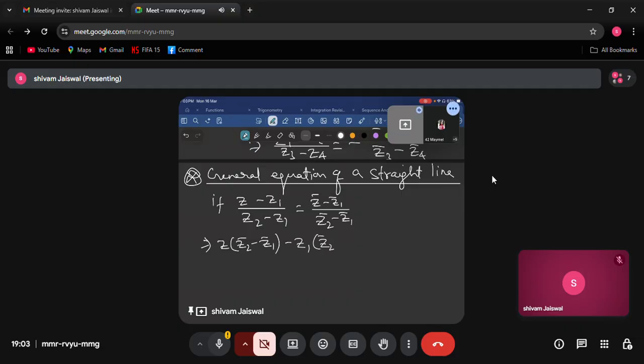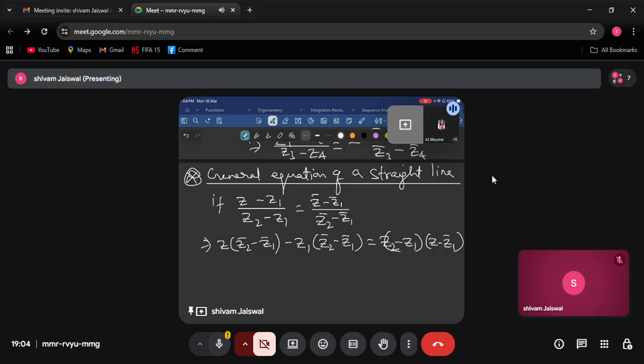into Z2 bar minus Z1 bar. What is the coefficient of Z1? Z2 bar minus Z1 bar. This will be equal to Z2 minus Z1 into Z bar minus Z1 bar.